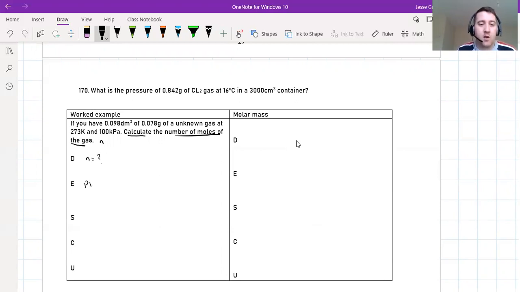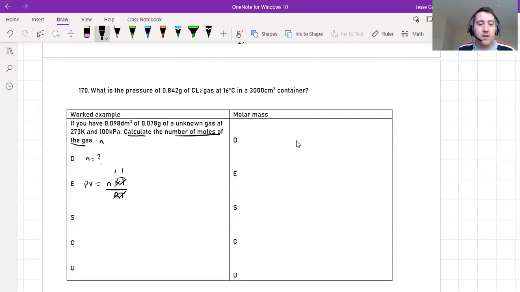First of all, you start with the original one, PV equals nRT. We want n to be the subject. Now n is currently being multiplied by R and it's also being multiplied by T. So we want to remove them from the right-hand side. They're currently in the numerator, so we're going to make a denominator, and we're going to put R and T in the denominator, and they will cancel with that R and T to give 1 and 1.